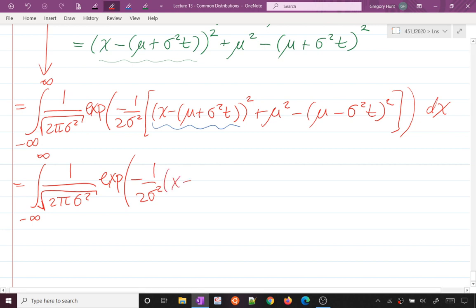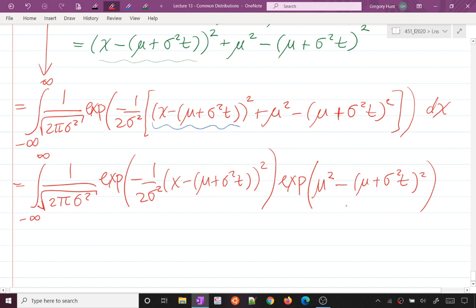And so I'm going to have x minus mu plus sigma squared t, quantity squared, close parens. Then I can write the remainder using rules of exponents, right? I'm just breaking the exponent of a sum into the product of exponents. And so what do I have left? I have a mu squared minus mu plus sigma squared. Oops, that should be a plus, shouldn't it? Plus sigma squared t squared. And then there's of course my minus 2 sigma squared there. Okay.